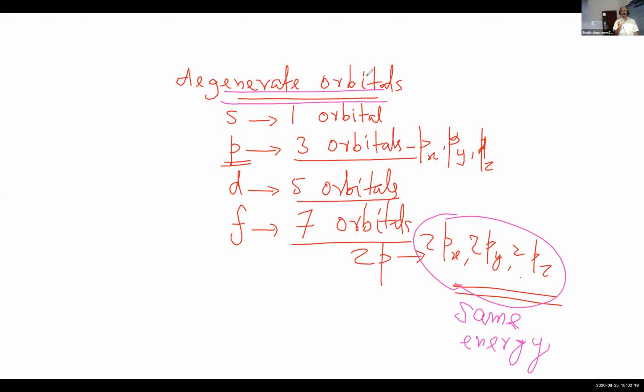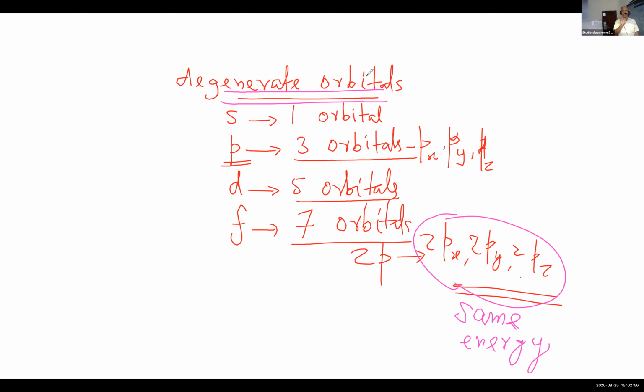As you know, for hydrogen, the energy of an electron can be determined with the help of the principal quantum number. But in the case of a multi-electron species, to get the energy of an electron, we need the principal quantum number as well as the azimuthal quantum number.